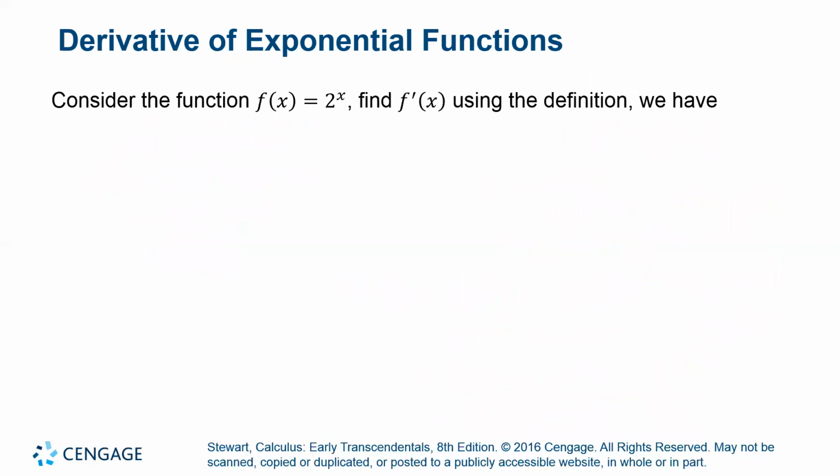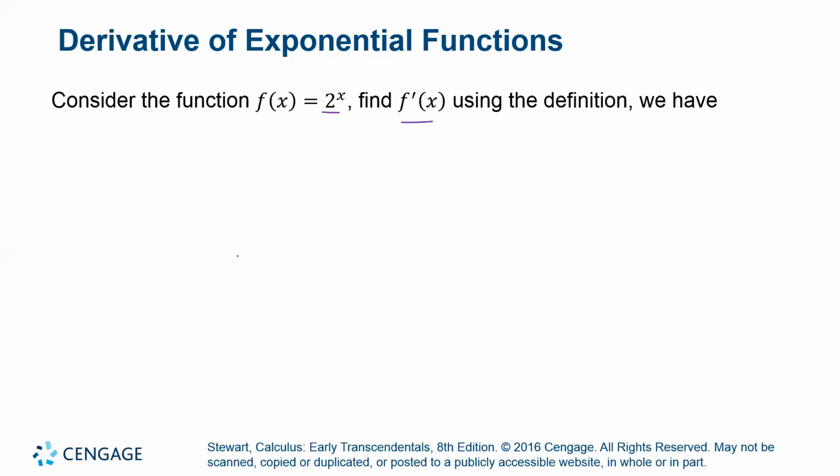finding the derivative of exponential functions. So let's consider the exponential function f of x equal to 2 raised to x. We want to find f prime of that. So we want to use the definition to do that, and then we will simplify this. Okay.